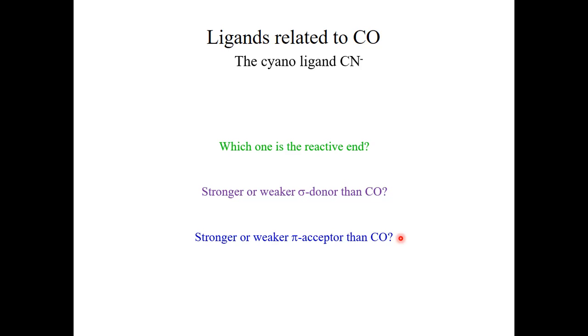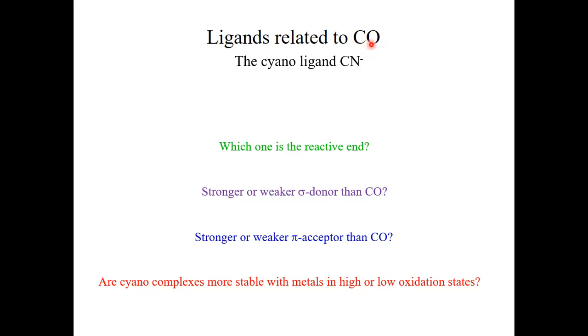So the negative charge of the CN minus ligand decreases its tendency to accept charge, just because it's already charged, and therefore it's a weaker pi acceptor. Correct.